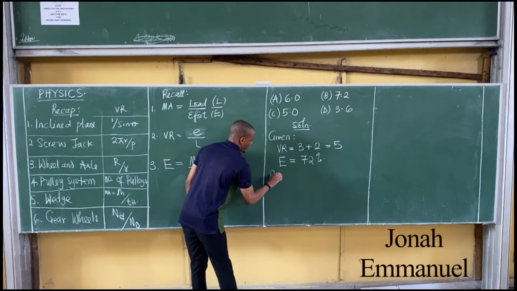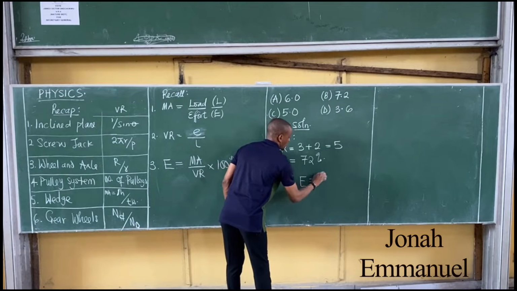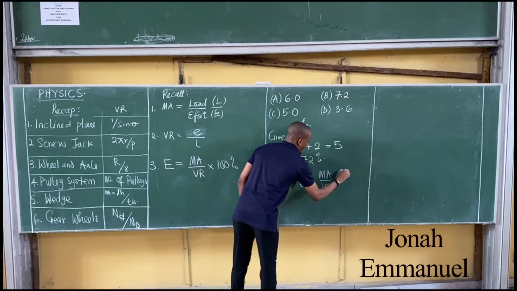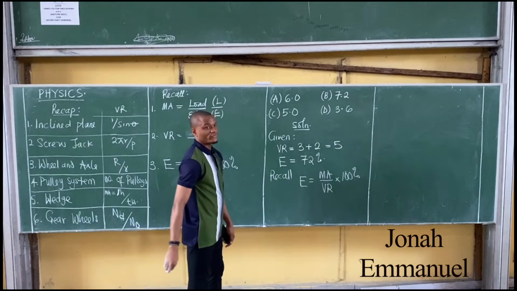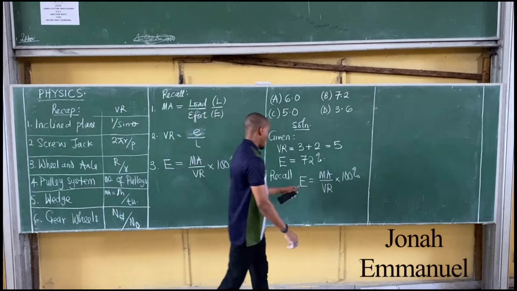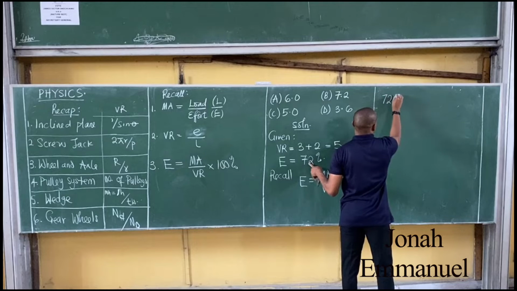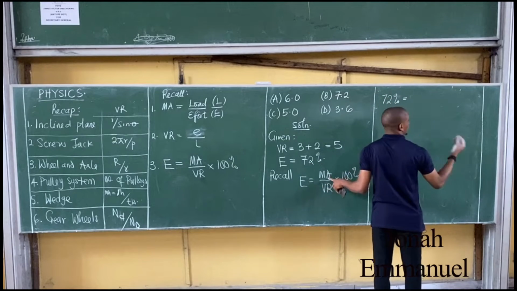Recall your formula. Recall that efficiency is equal to mechanical advantage all over velocity ratio times 100%. Substitute values now. What do you get? I have that this now, which is 72%. So 72% is equal to mechanical advantage, which is what I'm looking for.